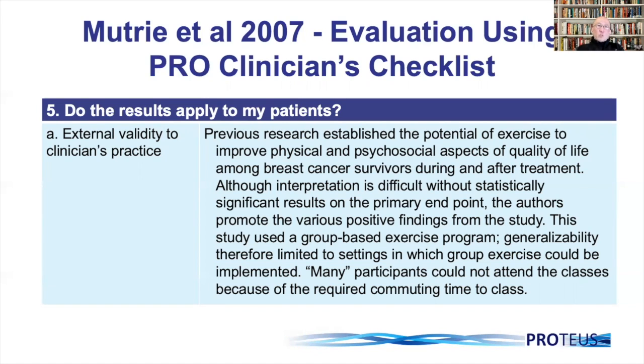So what would you conclude? It's a little difficult to draw firm conclusions from this paper, but I hope we've demonstrated how to dissect the paper and how this can help you determine whether or not the results are likely to be applicable to your patient practice.